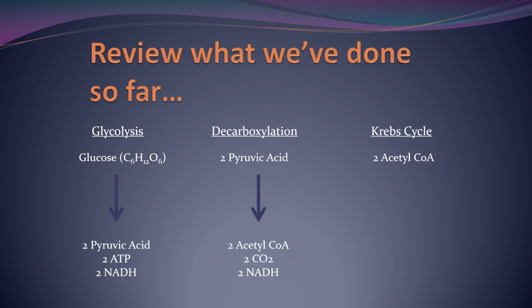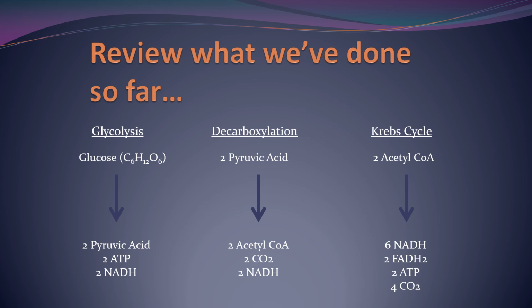In the Krebs cycle, we have 2 acetyl-CoAs from decarboxylation, where the end product is going to be the 6 NADHs, 2 FADH2s, and 2 ATP, and a little bit of waste in the form of carbon dioxides. So those electron carriers, NADH and FADH2, are going to wait until that final 4th step.